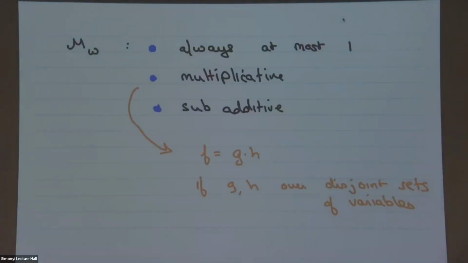Like Avi was mentioning, if you normalize this complexity measure, then it is at most 1, but forget the normalization for right now. This measure is subadditive, and it is exactly multiplicative: if f is g times h and g and h depend on disjoint sets of variables, then it is exactly multiplicative. I'll use these properties to bound the complexity.